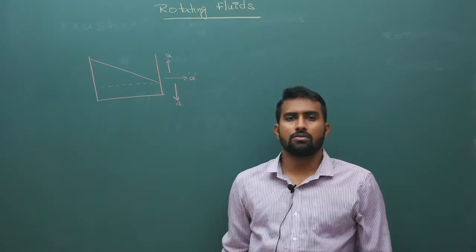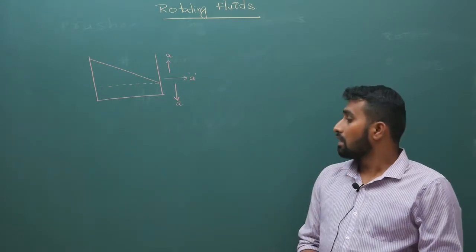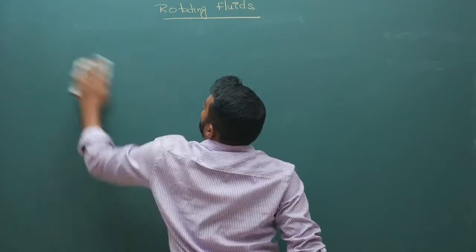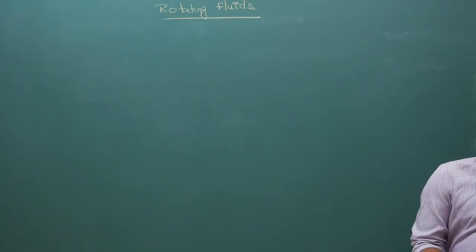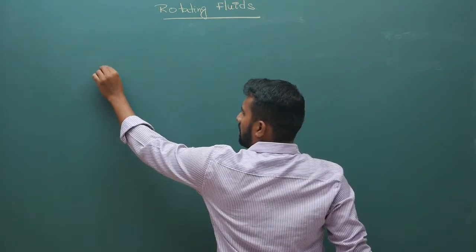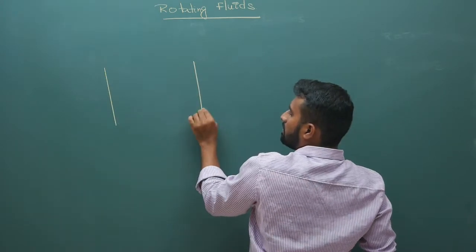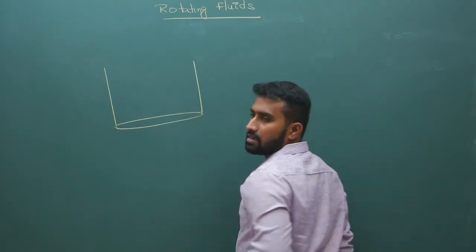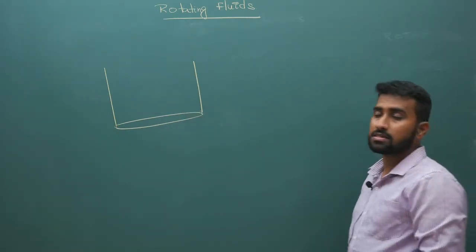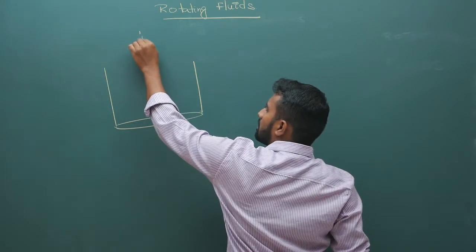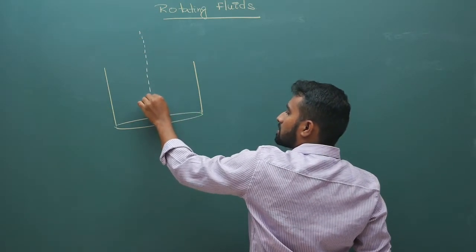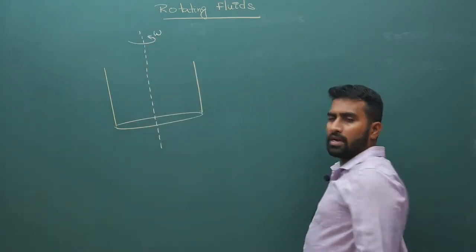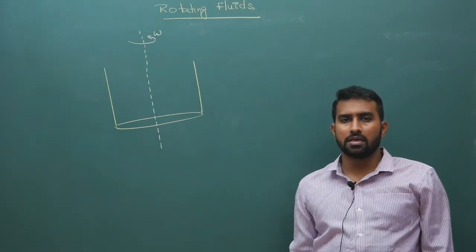Now in this lecture, I will take a container, some cylindrical container, and fill it with liquid. Then I rotate this container with some angular velocity omega, in some clockwise or anti-clockwise direction.